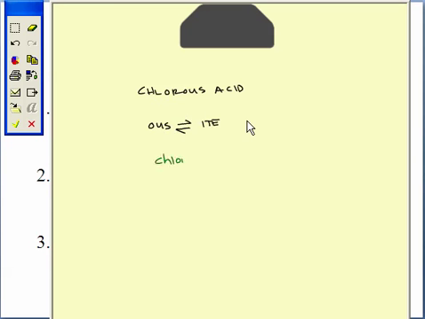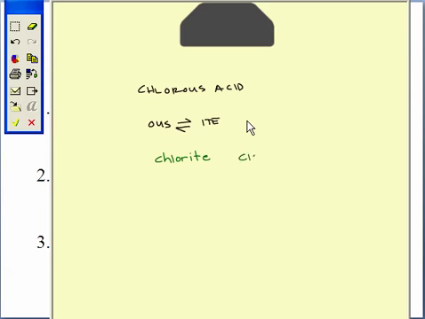So chlorite is ClO2-. Now to get the acid from this, we look at our charge, and whatever our charge is, that's how many hydrogens we have, and our hydrogen always comes first. So I have a -1 charge, so that means I have 1 hydrogen. So this is the formula for chlorous acid.